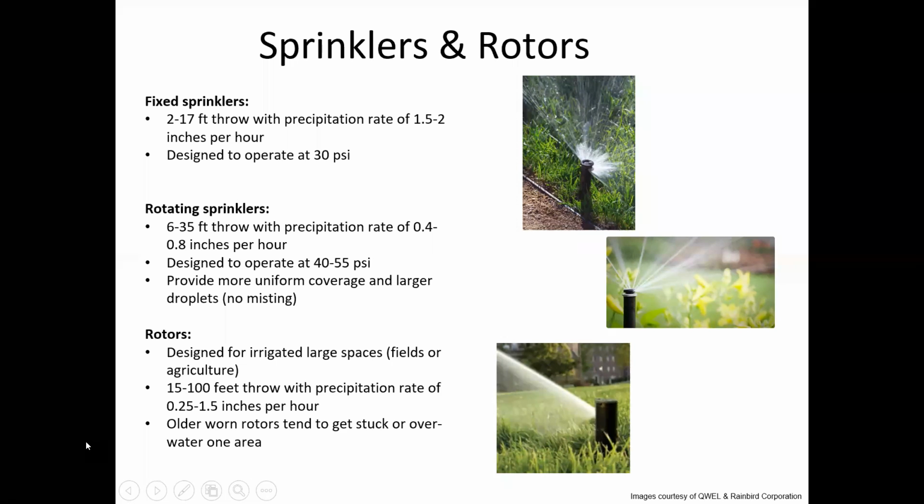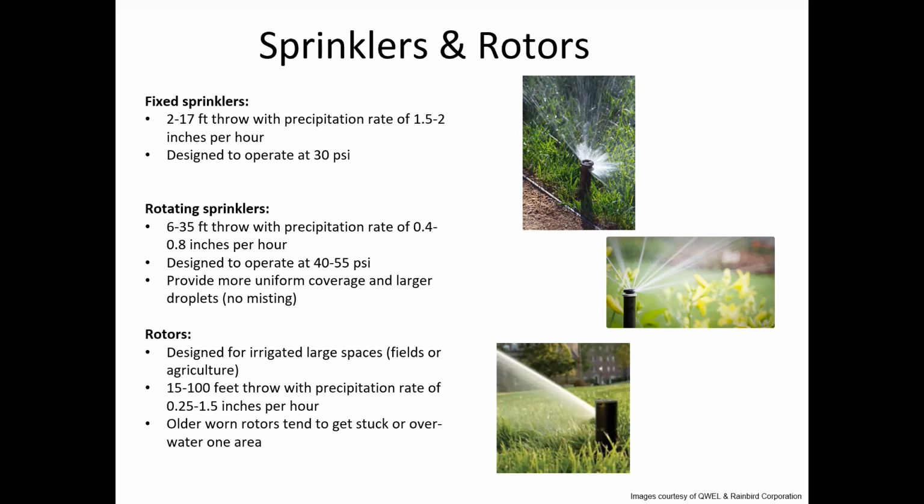So the most common type of sprinkler you'll see are fixed sprinklers. They have a throw of up to 17 feet with a precipitation rate of up to 2 inches per hour, and they're designed to operate at 30 PSI. These are your standard sprinklers, but there is a more efficient type of sprinkler, which is a rotating sprinkler. What makes them more efficient is that they have a further throw with a lower precipitation rate.